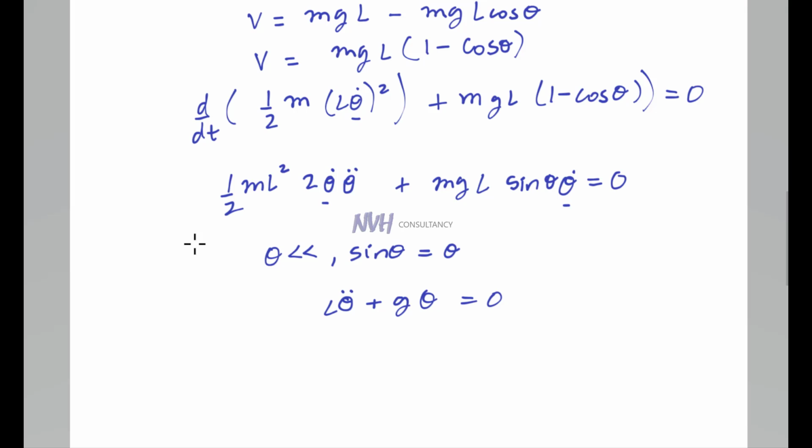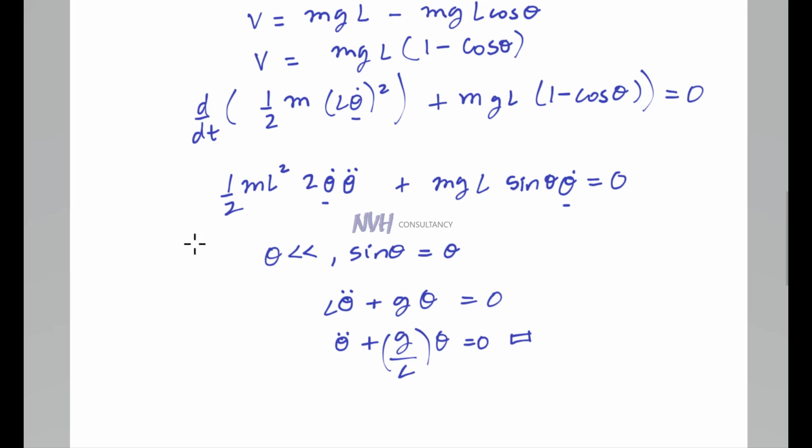This is like the characteristic equation of a differential equation of a simple vibratory system. Putting it in the normalized form, you'll get theta double dot plus g by L times theta equals 0.